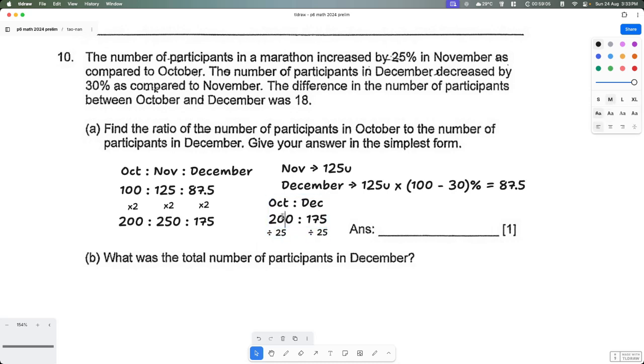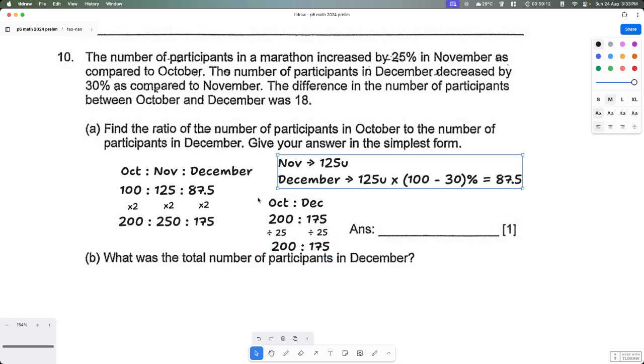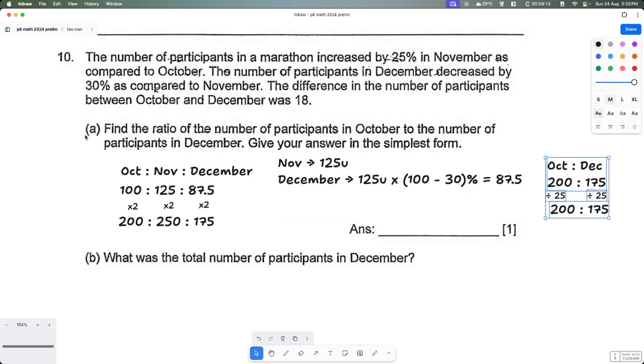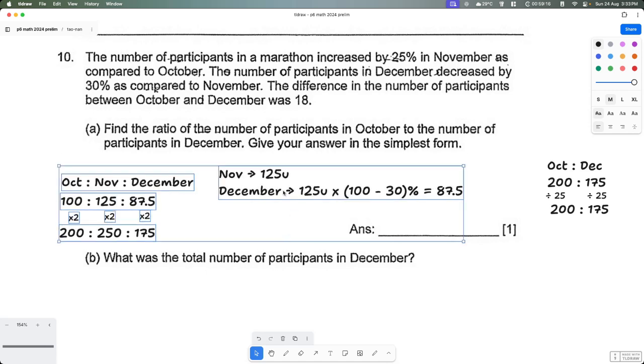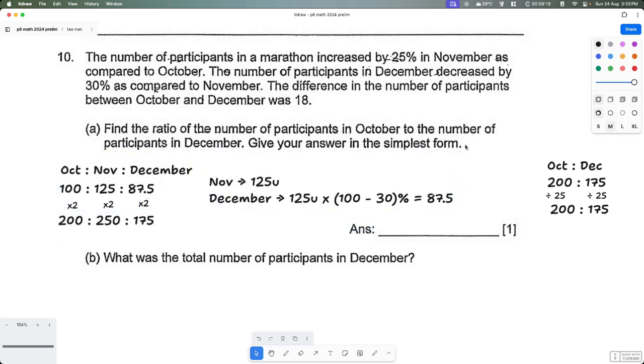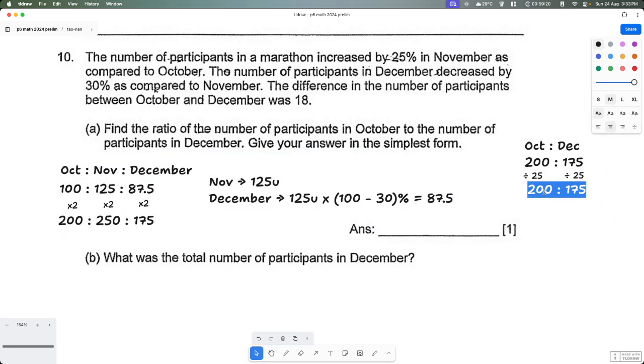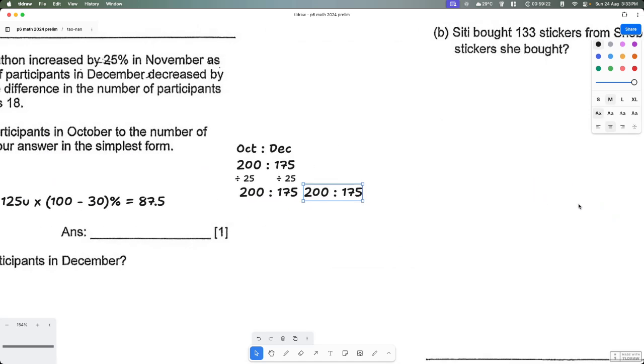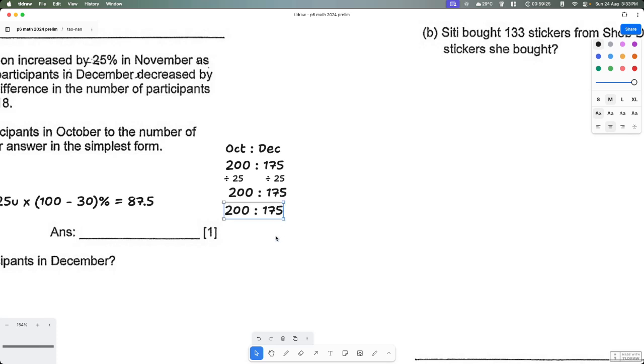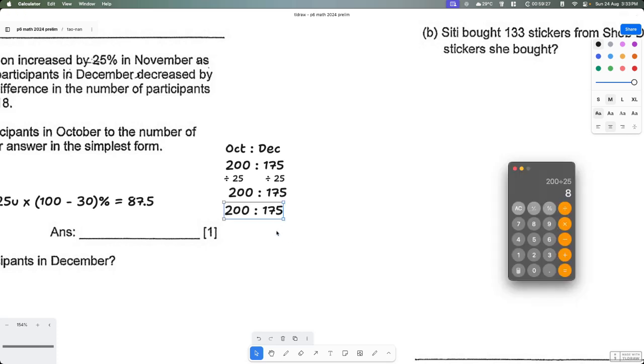A bit squeezy here, so I'm just going to move all of this here. From here, 200 divided by 25 is 8, right?